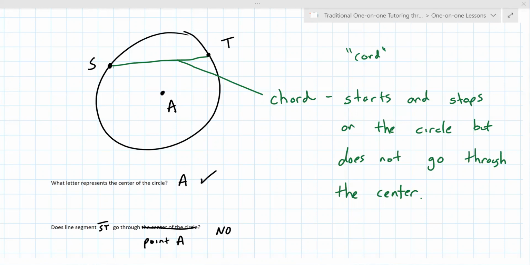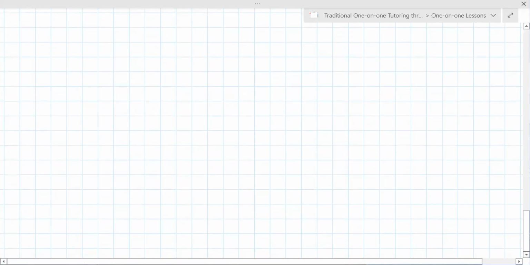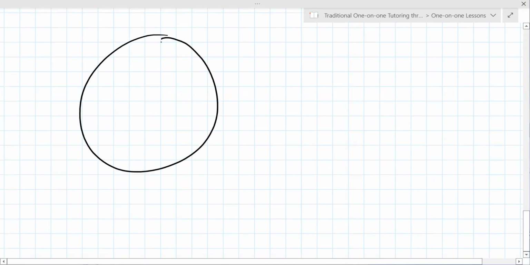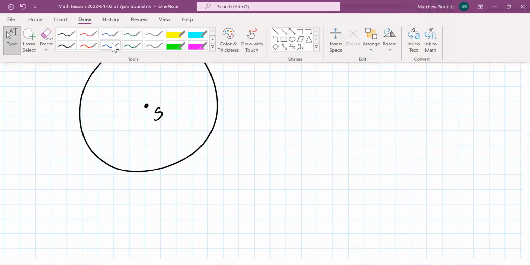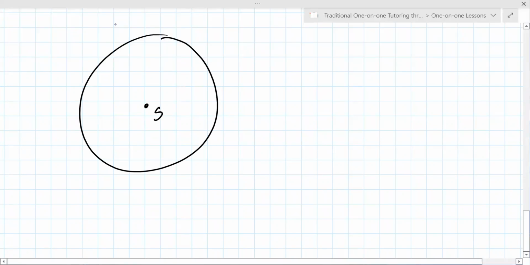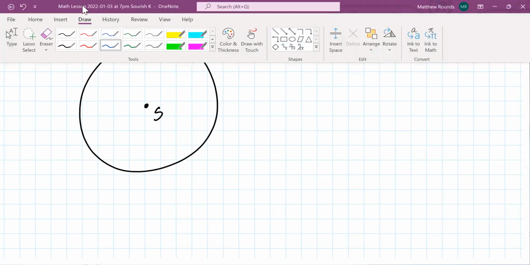Okay. All right, so here is a circle. Here is the center. I'm going to call the center S. Okay, what letter represents the center of the circle, Sourish? S. Good. Now I'm going to draw two lines.